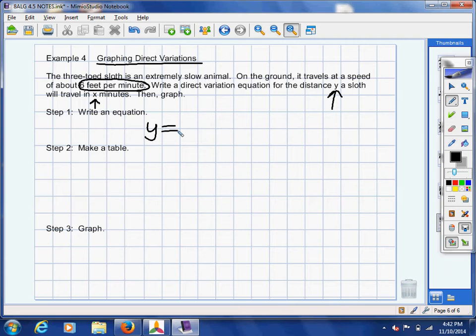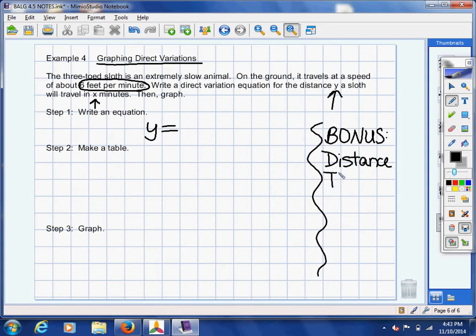So can you remember, this is going to be yet another bonus opportunity. Oh, you are so lucky. Good for you, okay? So let's do a little squiggle down the side of your paper. Actually, do it in the white part. I can't do it in the white part because on the board I don't have a white part. So do it outside of your graph. On the bonus, can you think of an equation that uses distance, time, because time in our example is minutes, and distance is y, minutes is x in this particular, and they gave us rate.